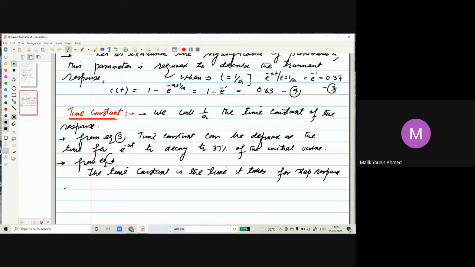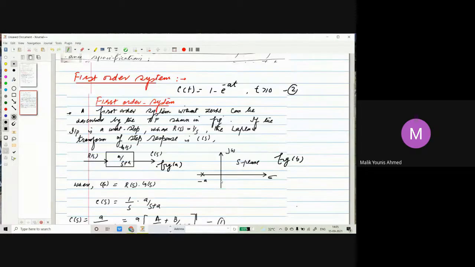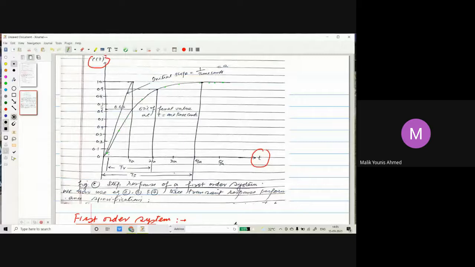You can see here, 63% of the final value is somewhere between 0.6 and 0.7, and at one time constant, it is coming here.